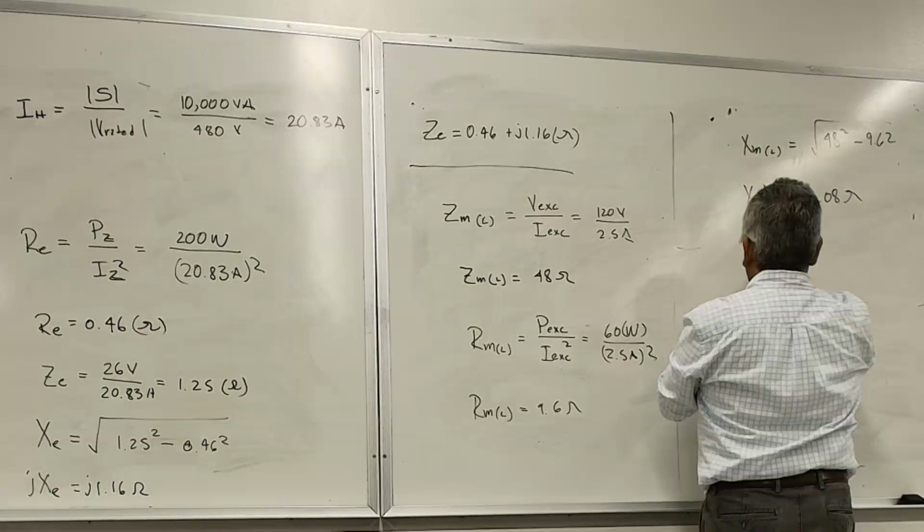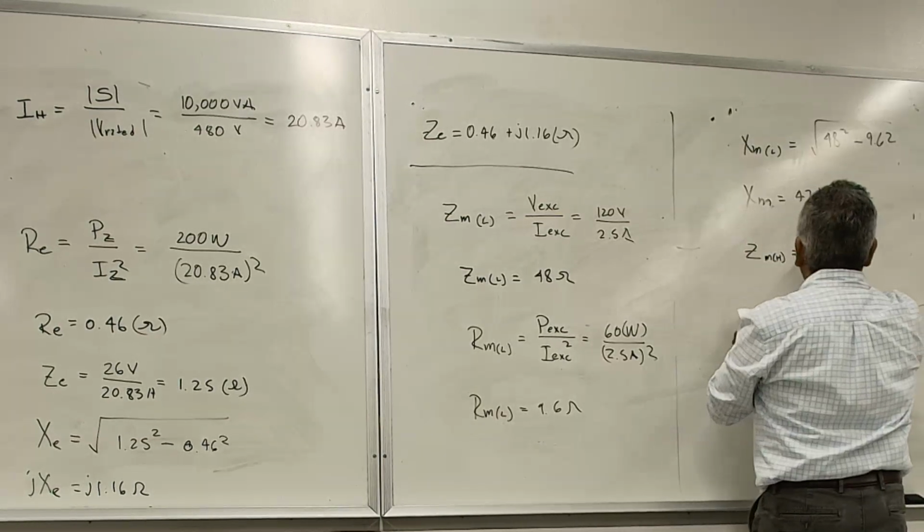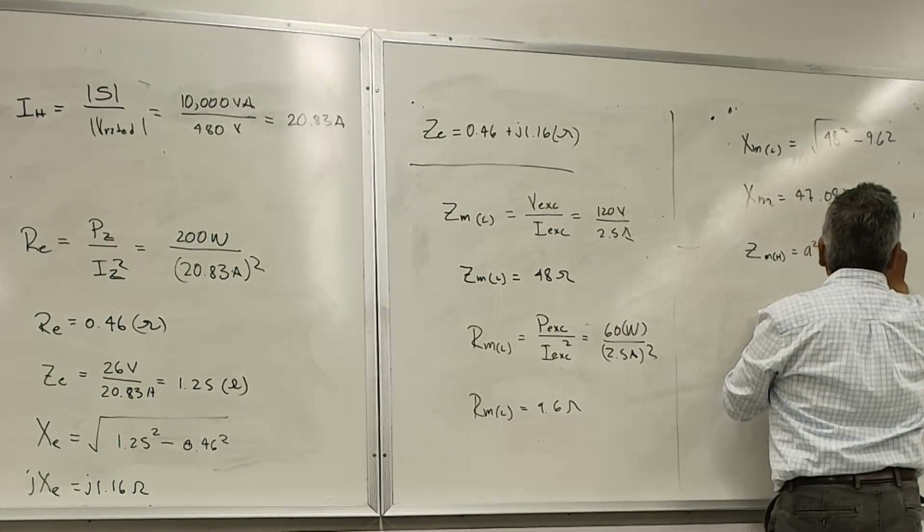ZM high is equal to A squared times ZM low.